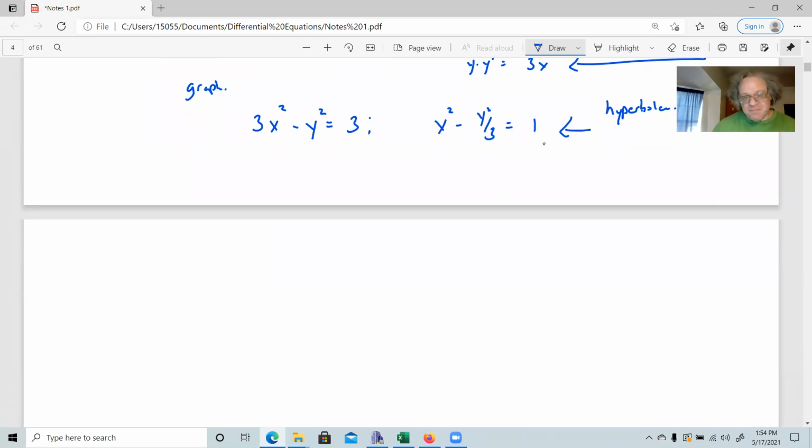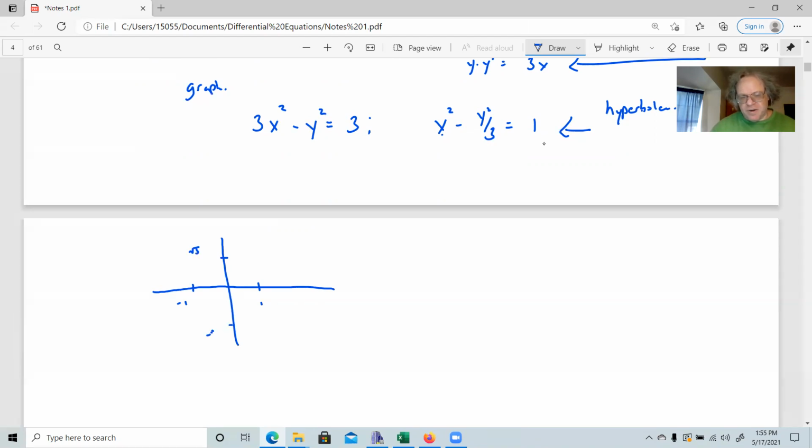So the hyperbola's transverse axis is the x side. We set y equal to 0, we get x is equal to positive or negative 1. We set x equal to 0 and change the negative sign, and we're going to get positive square root of 3 and negative square root of 3 here.